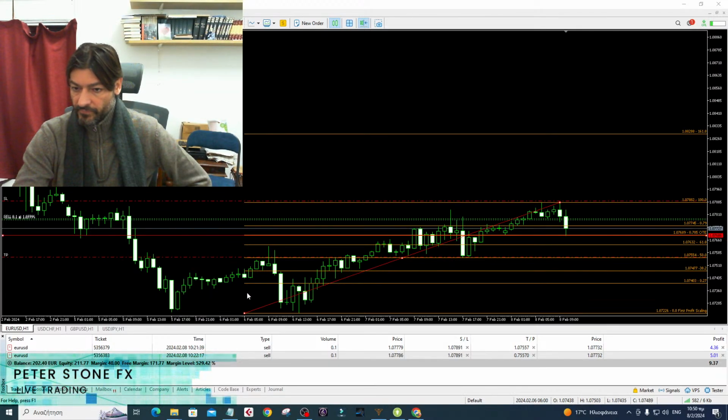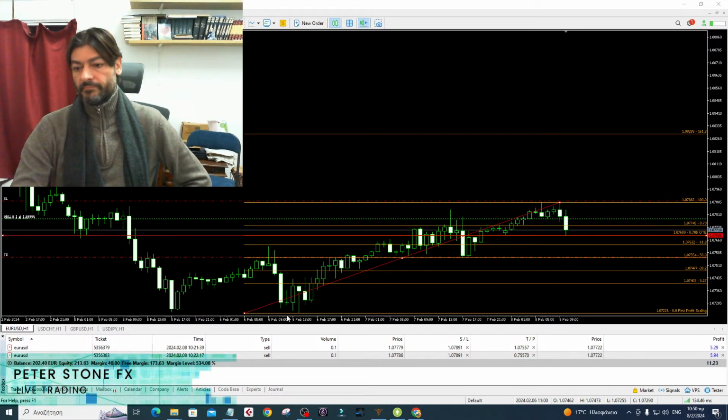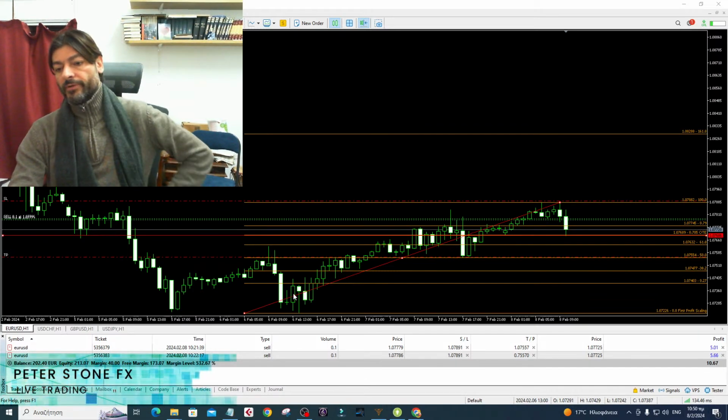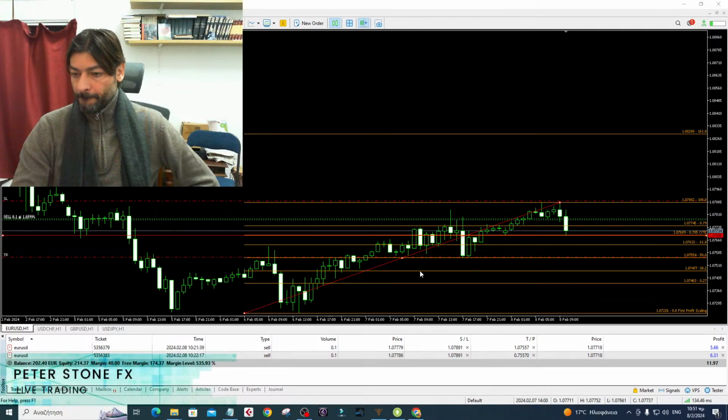Monday and Tuesday we created unbelievably close equal lows. So this is the area so far for the week. So you have to decide if it will go up or down.